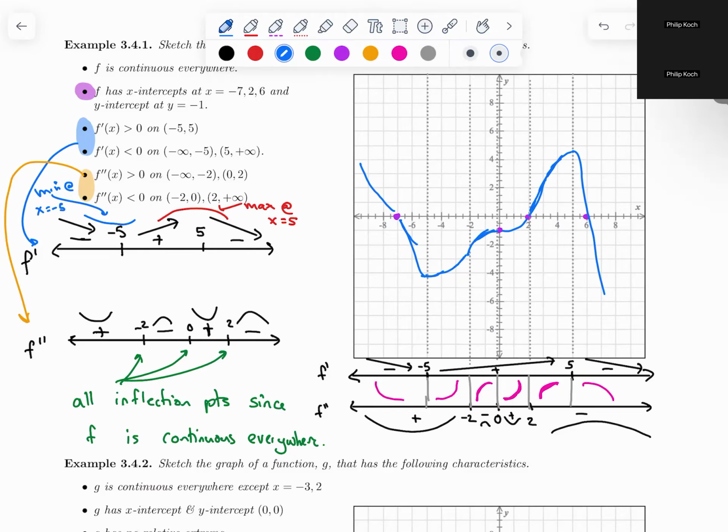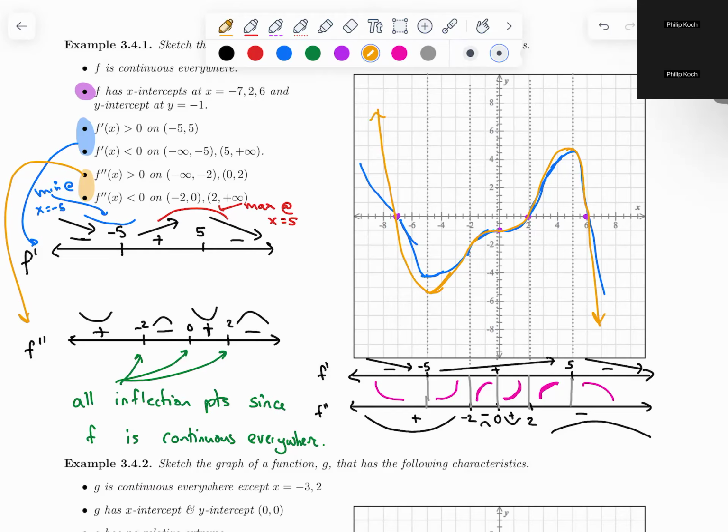That doesn't look very good right now, so I'm going to fix it. Maybe I'll have it here for reference. And I draw it the way it should look, which would be like this. So we'd go down, we go through that, and then maybe we go to here, and then we start increasing, and then we start bending down, and bending up, then going up, then going down like that.